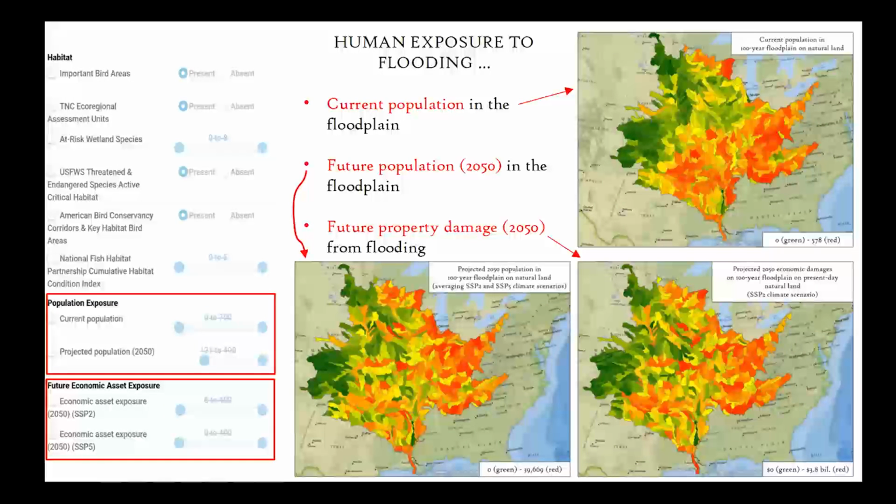And we have an equation that relates flood depth to damage to those structures. So in effect, what we get is a dollar value 30 years from now of potential flood damages. So this really helps us make, again, that economic case for the value of floodplain restoration by being able to see the potential damage that we can avoid.